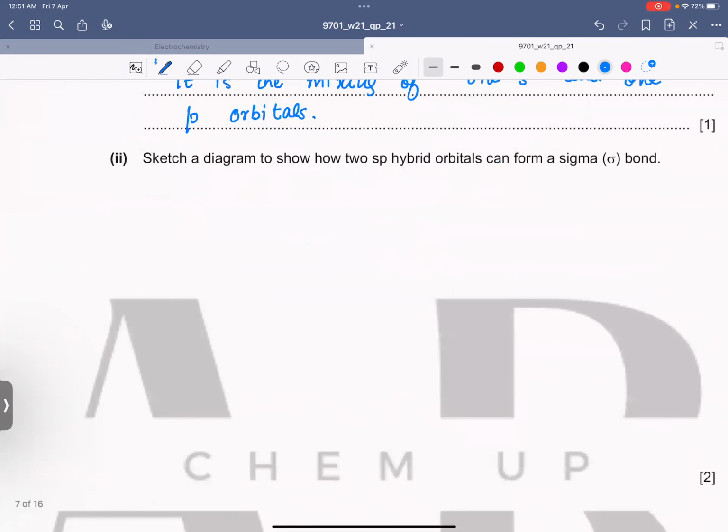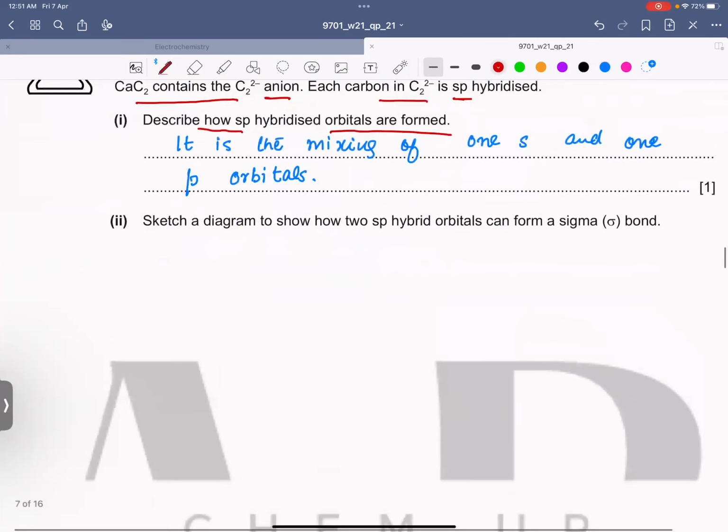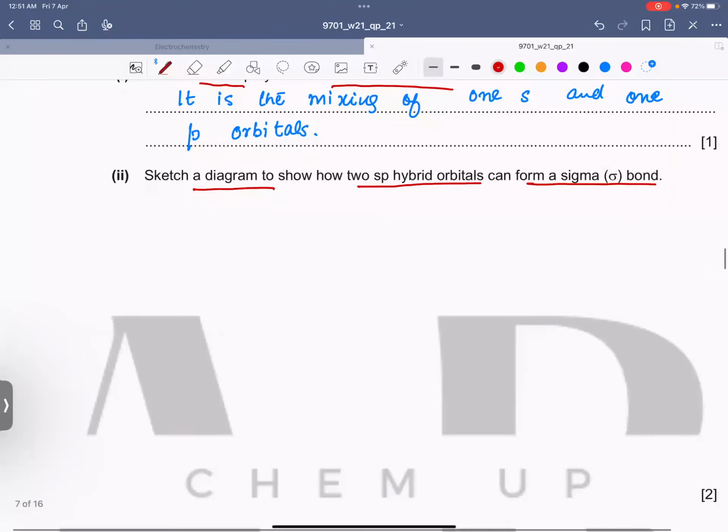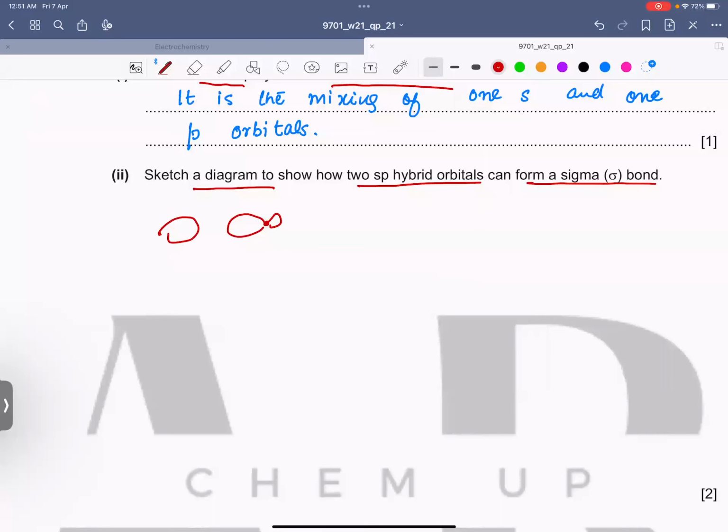In the next part, they are asking to sketch a diagram to show how two sp hybrid orbitals can form a sigma bond. To form a sigma bond, whether it's an sp, sp2 or sp3 orbital, these are the hybrid orbitals that are formed.